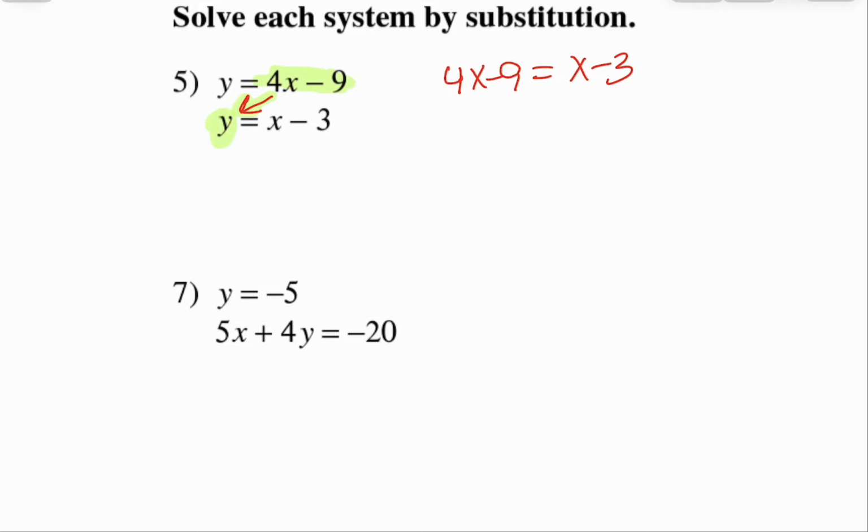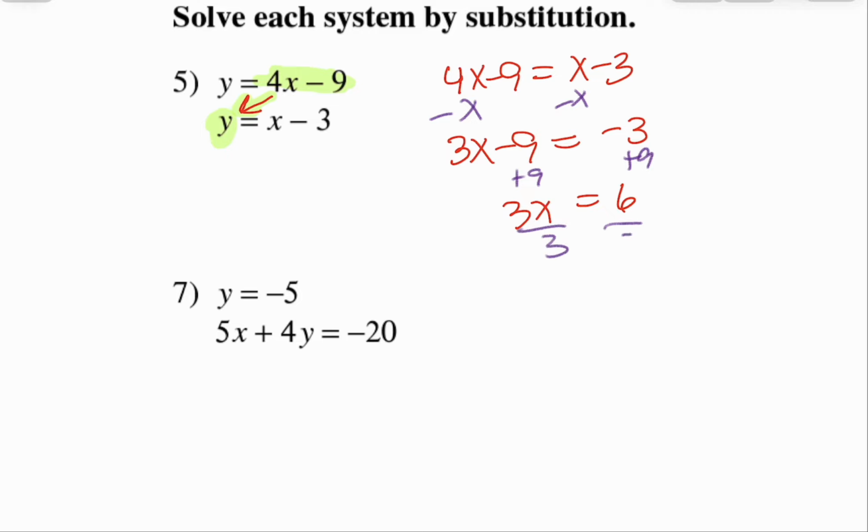And then that's just a multi-step equation, solve for x. So let's subtract x from both sides. We get 3x minus 9 equals negative 3. Add 9 to both sides. You get that 3x equals 6.